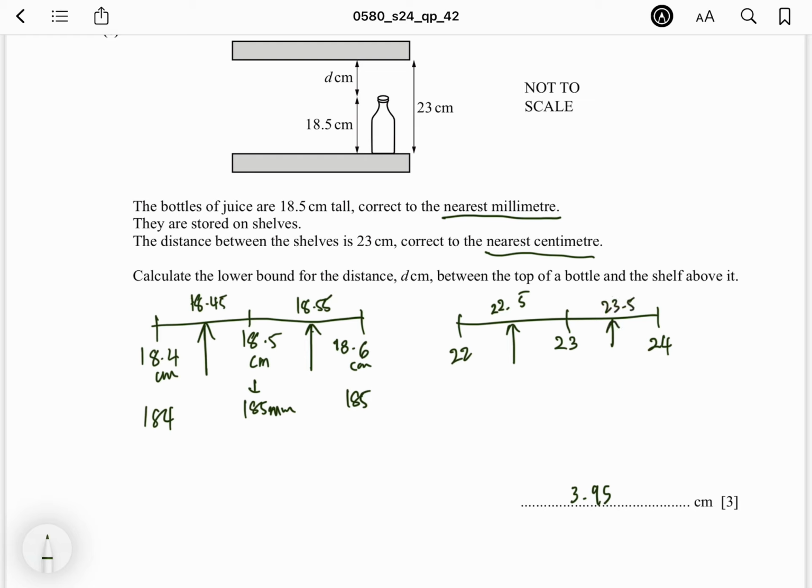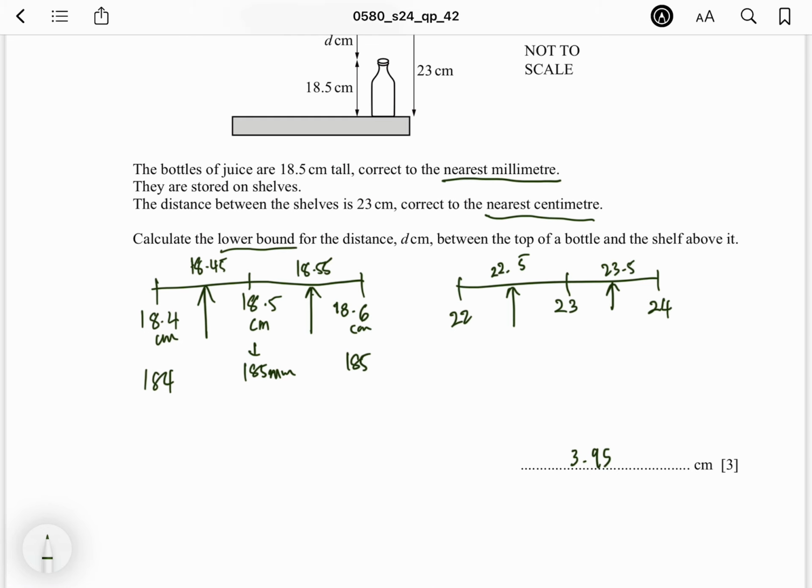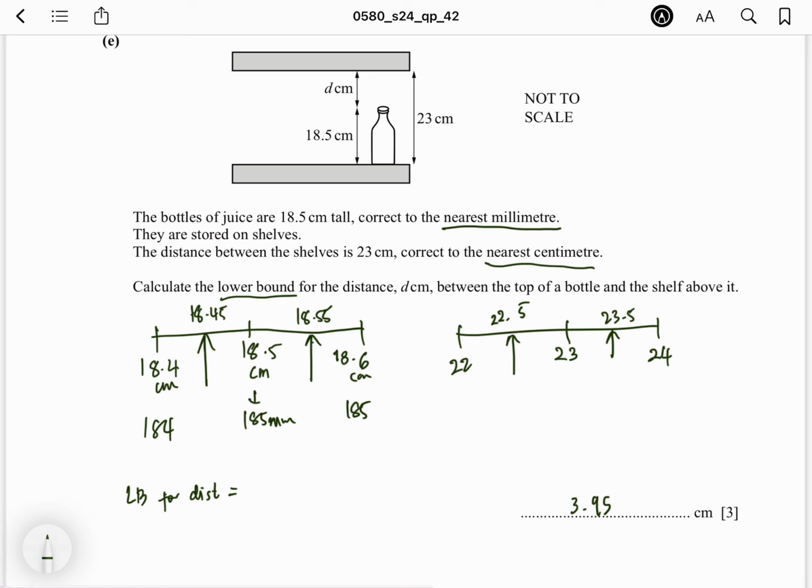Lower Tika? Okay. So how would you find the lower bound then? Lower bound of what? Okay, lower bound of the shelf, kan? Okay. Lower bound of the shelf, so which means 22.5. Lagi? Minus the upper bound of the bottle.